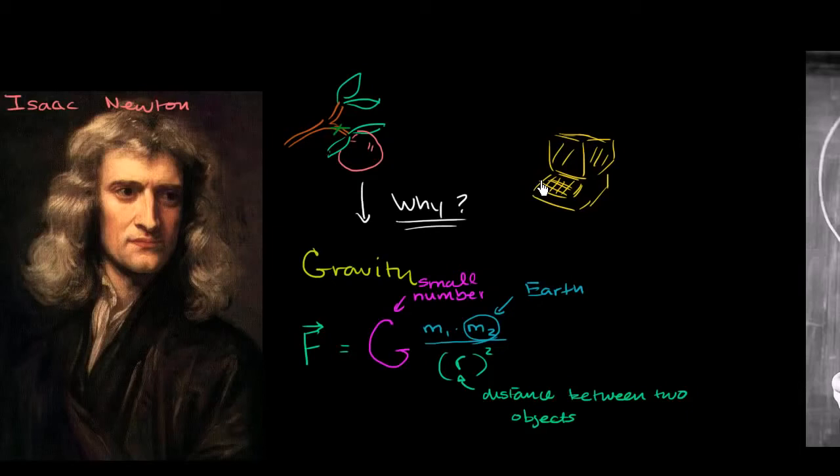And the answer there is that this number is really small. And there actually is some force of attraction between you and the computer. It's just that it's more than overcompensated for by the friction between the computer and the desk, the friction between you and your seat, which is frankly being caused by the force of gravitation between you and the Earth, and between the computer and the Earth.